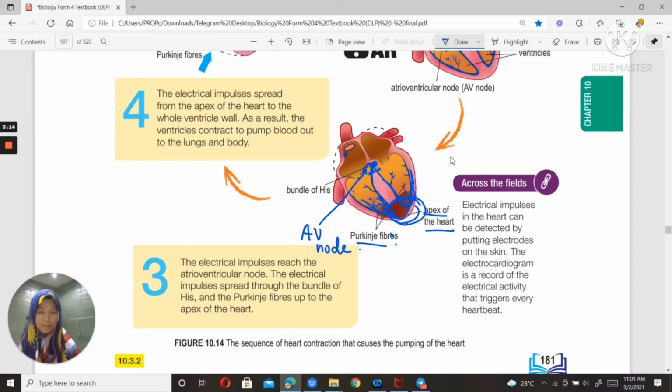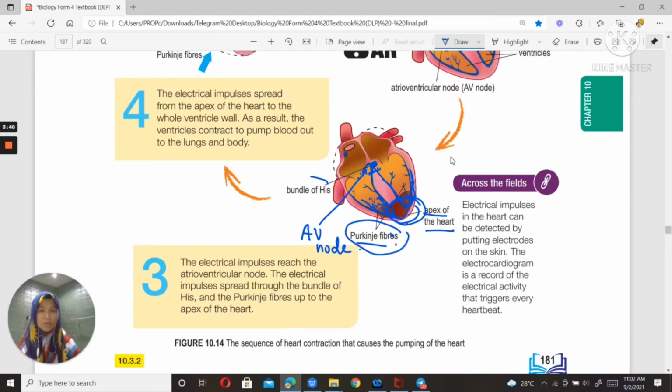So the whole structure of the heart, including the apex of the heart, will receive the electrical signal. Konsep sama, you kaitkan analogi, you switch on, for sure electrical signal, elektrik yang mengalir akan sampai ke seluruh bahagian device yang awak nak dia berfungsi tersebut. Okay, so the electrical impulse spreads through the bundle of His, the Purkinje fibers, and up to the apex of the heart.